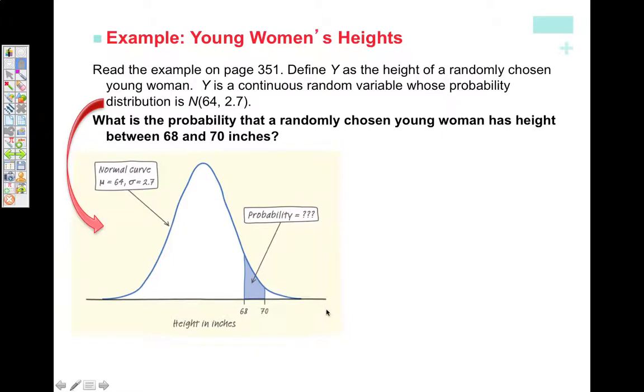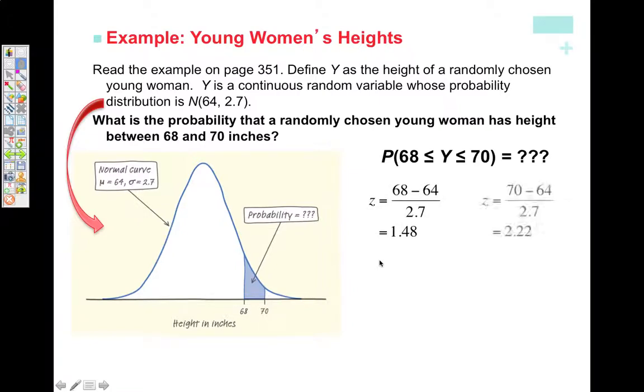Well, how do we find this probability? Well, we find the z-scores. Remember that? Z-score is data value minus mean divided by standard deviation. The z-score for 68 is 1.48. That means that 68 is 1.48 standard deviations above the mean. The z-score for 70 is 2.22.